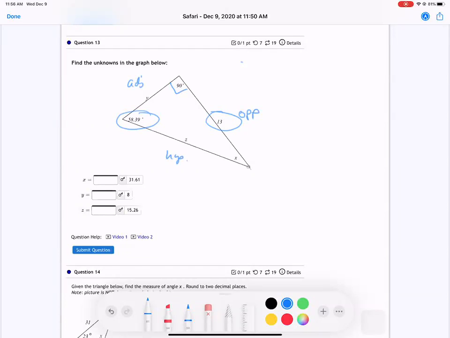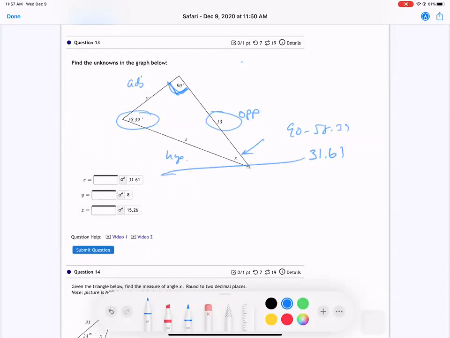Okay. So if we know this is 90, lucky us, we can find my next angle. It's 90 minus 58.39, which is going to be, let's see, 31.61.